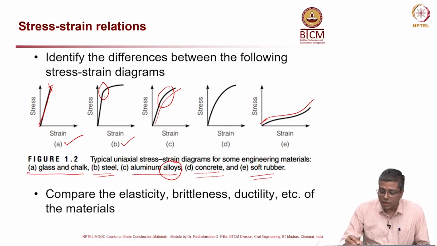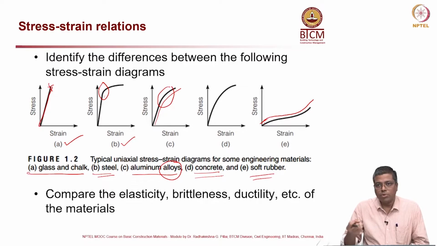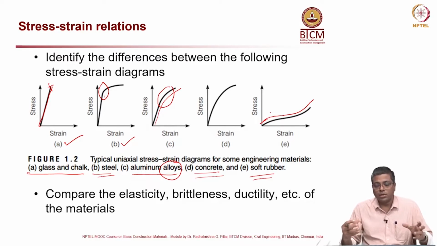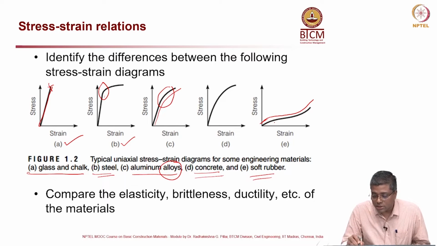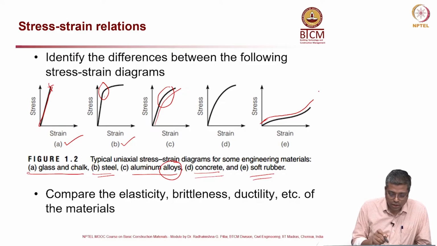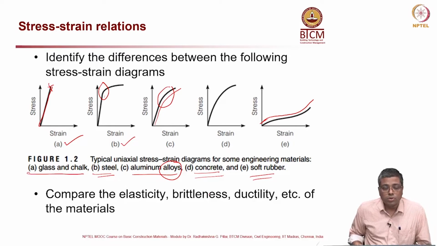So, that is indicating initially the rubber will take some load, and then it tries to straighten all the molecules or chains in that, and then after some time you start seeing the strain hardening behavior in the rubber. Now, you can compare elasticity of all these materials, elasticity, brittleness, ductility, all that you can compare, and these are very important to look at while choosing a material.